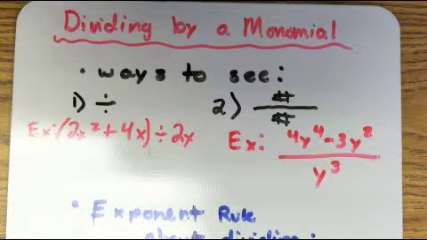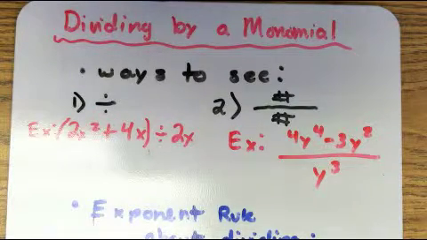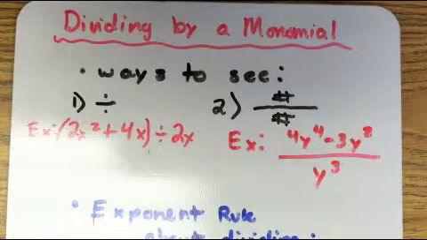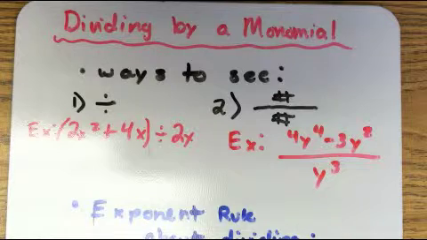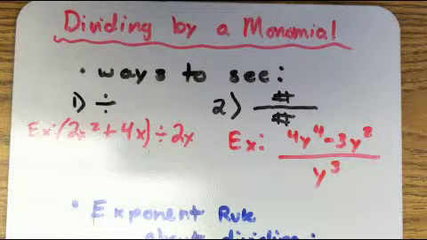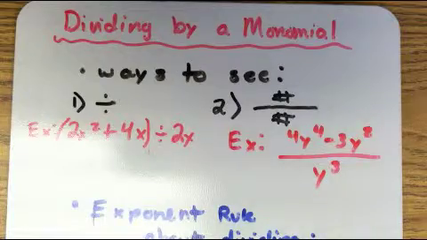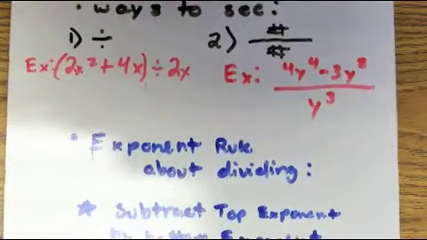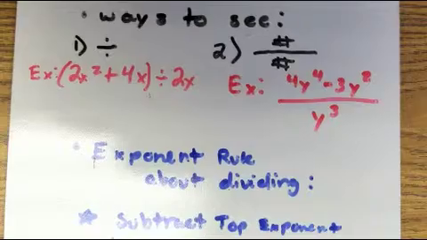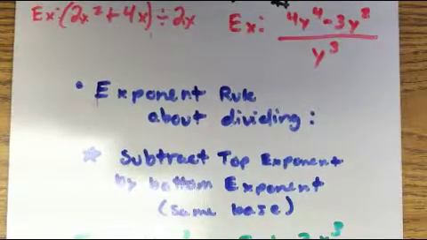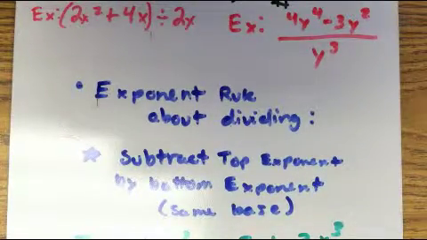The next thing that you're going to have to recall, because we did this probably in the first unit, which was exponent rules. I'm going to revisit it to make sure that we remember. One of the exponent rules is about dividing that we definitely need to know. So what is the exponent rule about dividing?